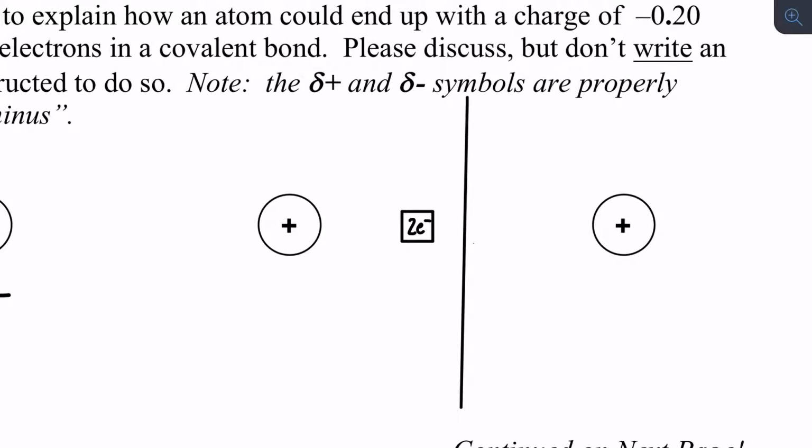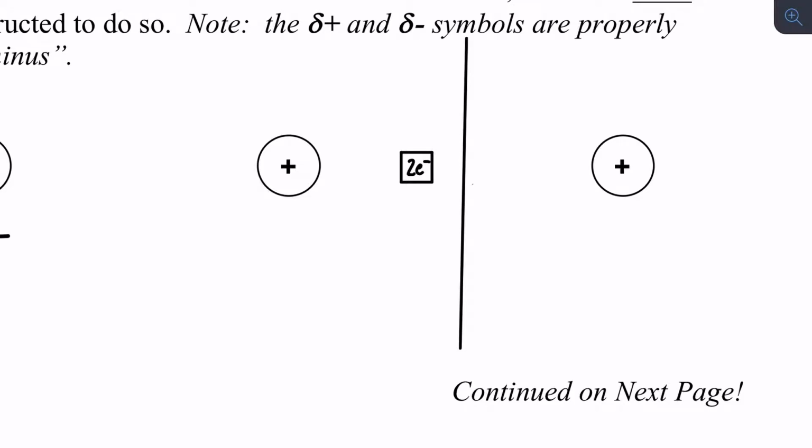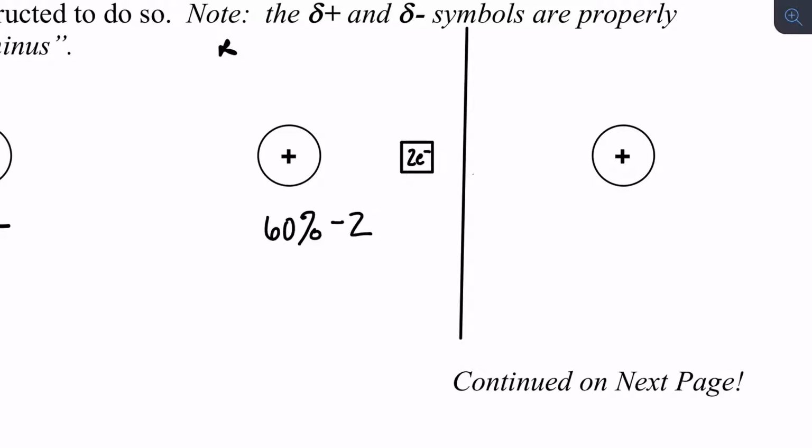So let's say, for instance, that on the left side over here, now it has about 60% of the electrons. So before it was 50-50. Now let's say it has 60% of this electron density towards it. So we do what we did before, except now we're using different percentages. So 60% of -2 is equal to negative 1.2 charge.